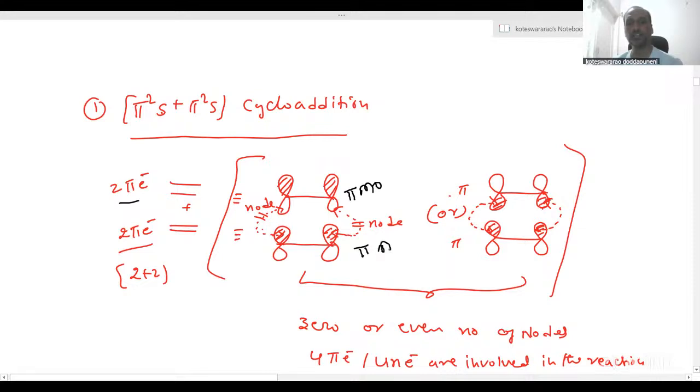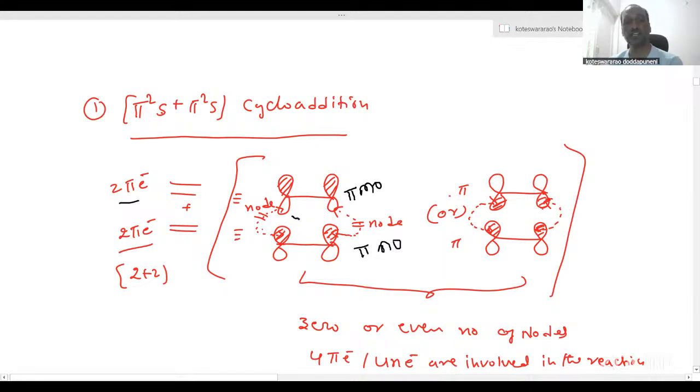These are undergoing cycloaddition. Keep one point as the standard interaction wherever it may be. Here it involves a supra mode of addition. With respect to the first pi system, the same side lobes are involved in the interaction with the second pi system.